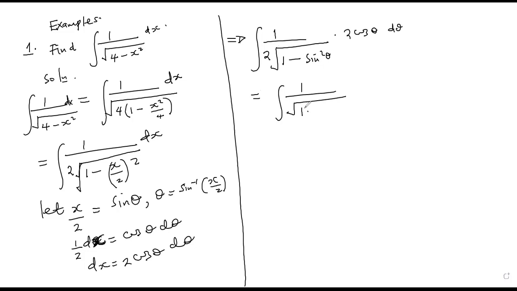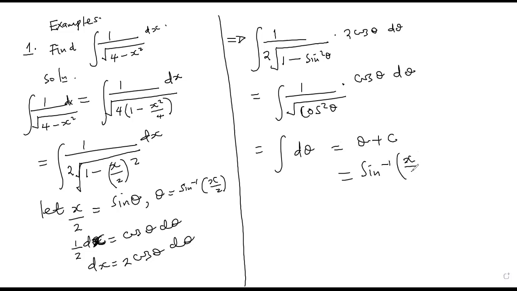This is the same as cos squared theta, times cos theta d theta. When you take the root, it becomes cos theta. So this is the same as the integral of d theta, which is the same as theta plus a constant. But theta is sine inverse x over 2, then plus a constant of integration.